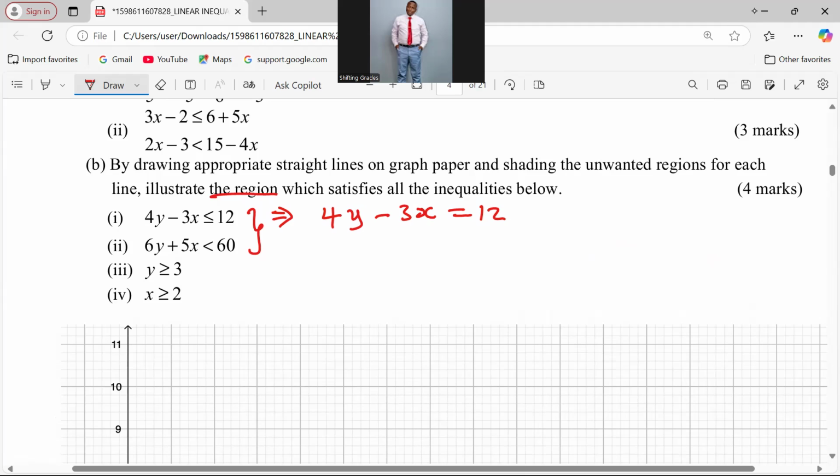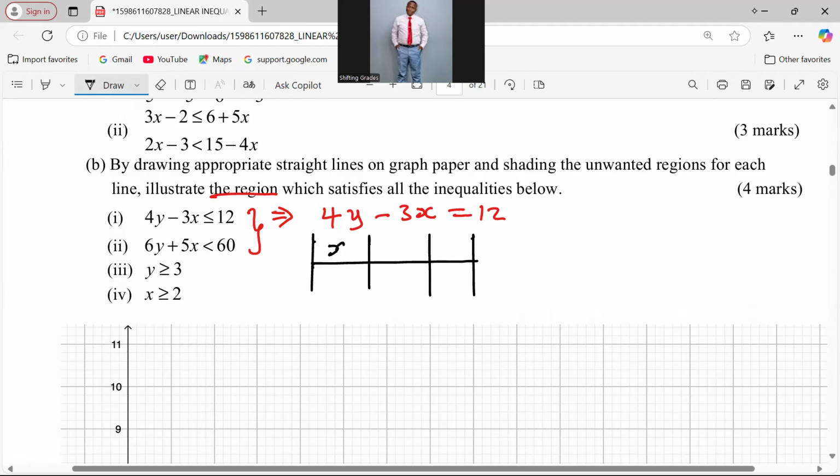So from this equation, can we get a table of values? Yes, let's do that. A table of values whereby we have x, y, then a minimum of 2 values so that we may plot these.